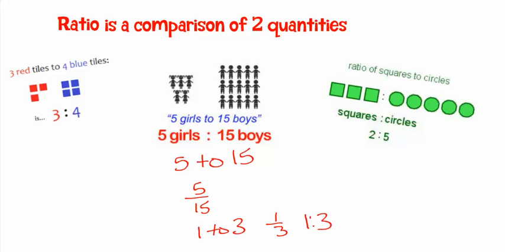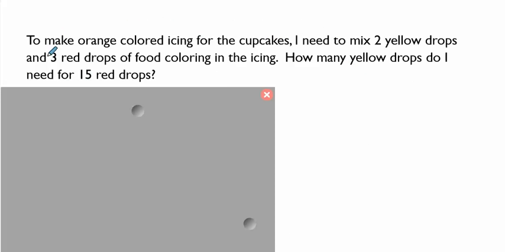All right, so how would we use a ratio? Here's a word problem. To make orange colored icing, I need 2 drops of yellow and 3 drops of red food coloring. How many yellow drops would I need if I had 15 red drops? I can just set up my ratio. Right now, the ratio is a 2 to 3 ratio of yellow to red.